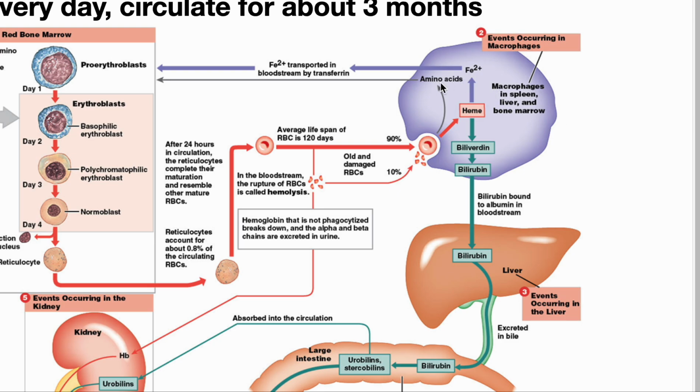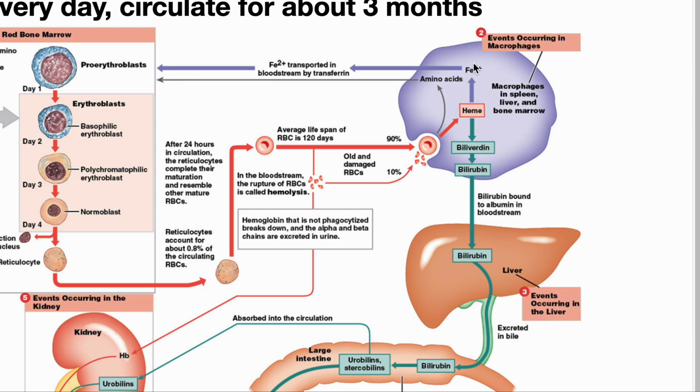And the reason why is because they want to grab the heme and remove the iron from it to send the iron over to the red bone marrow for the new red blood cells that are developing. Because that iron is hard to come by in our diets, and we need that iron attached to heme in the hemoglobin in order for us to carry oxygen effectively.